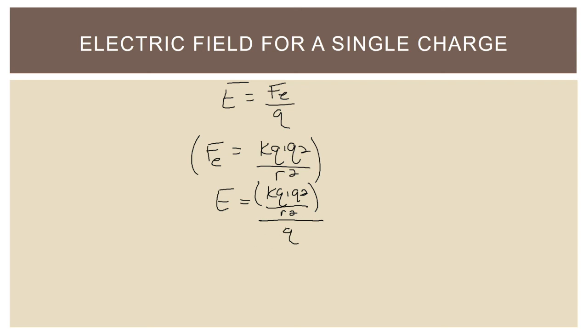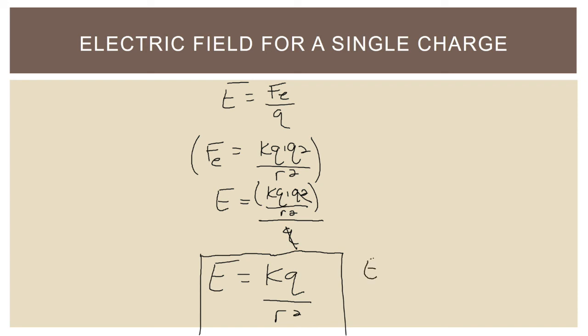Now what you'll notice is one of these charges will cancel. And so what we're left with is K times Q, and there's no reason to call it Q1 anymore because it's just one charge. And then we divide that by R squared. What this equation says is that if we have a single charge sitting in space, the size of the electric field around that charge is determined by this equation.